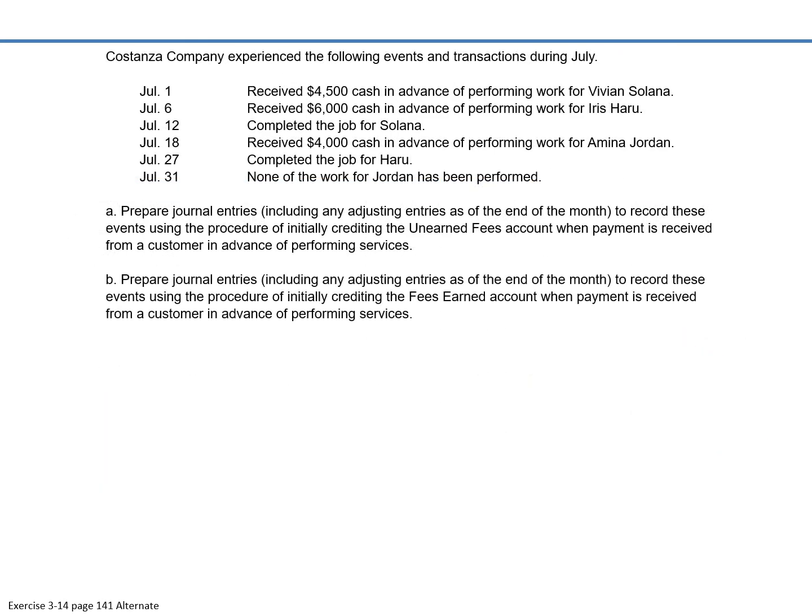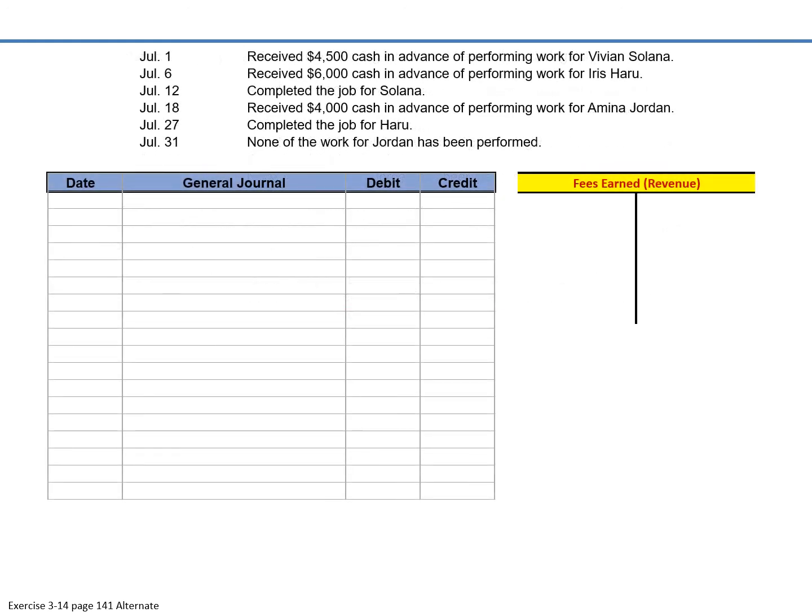So then in part B, if we assume that they initially credit fees earned, what do those entries look like? Debit cash for $4,500.